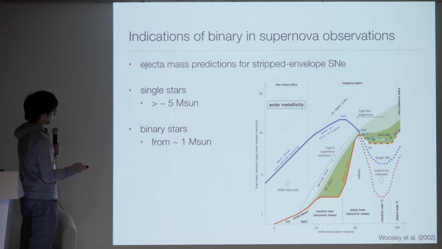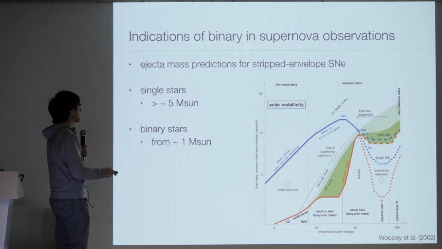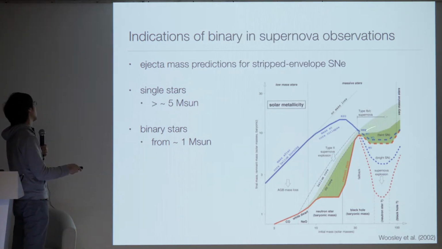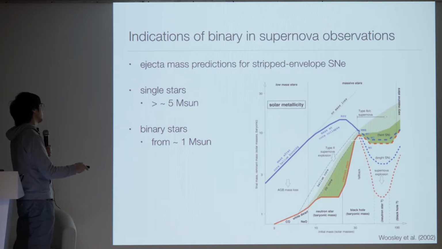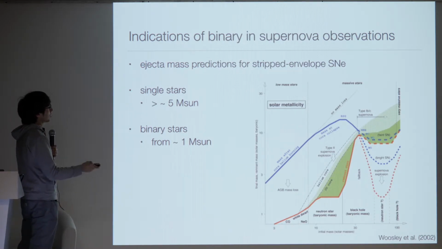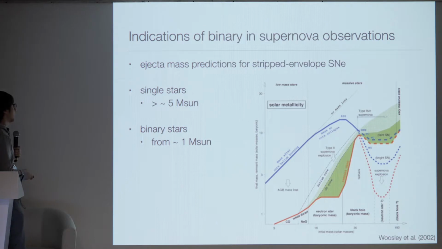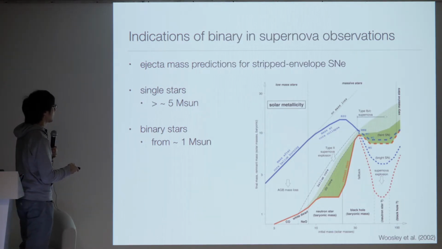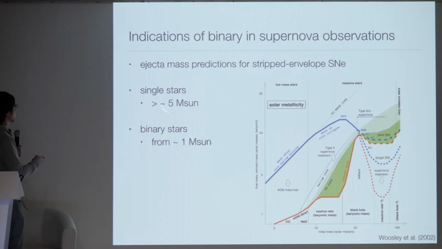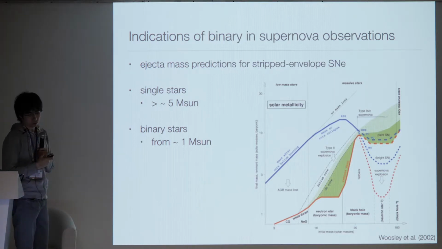So let's say 7, 8 solar masses, and nothing very low like 3 or so. And of course, this is the total mass, and there should be some compact remnant remaining. So from, let's say, 8 as the minimum mass, you can subtract like 1.5 or so, and that means the ejecta mass should be more than about 5 solar masses for single stars.